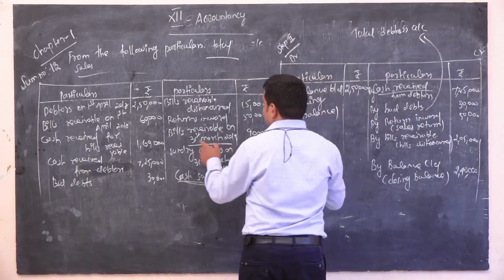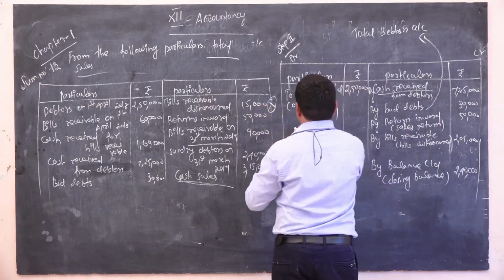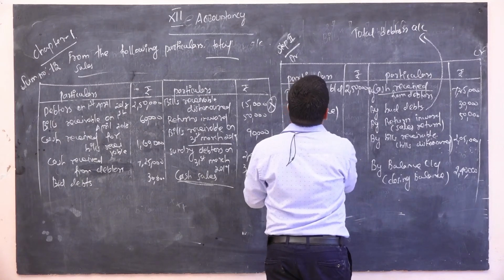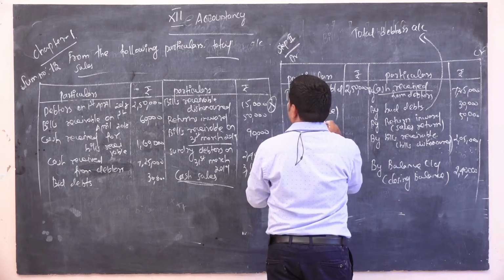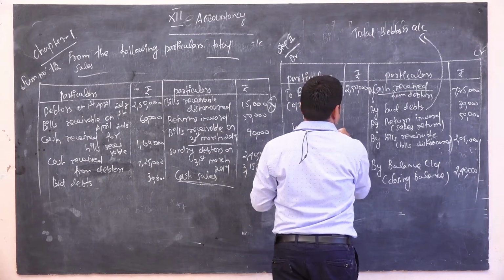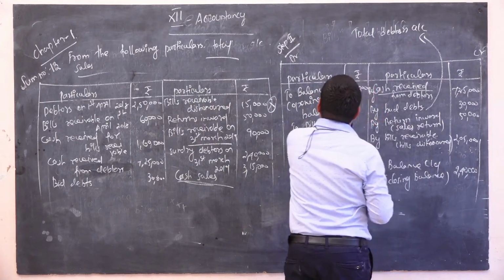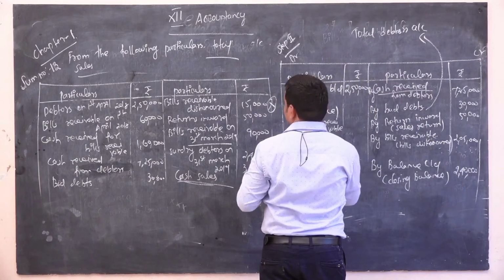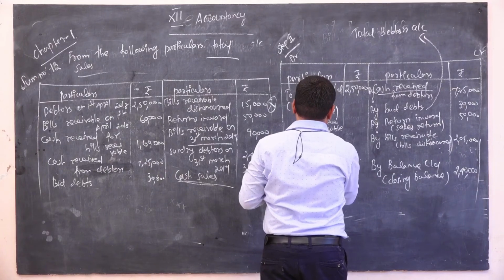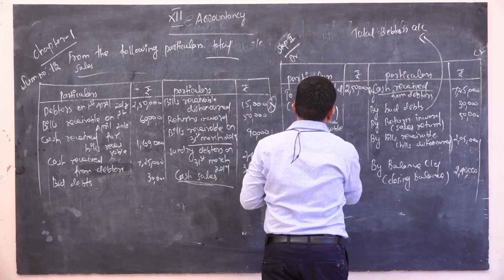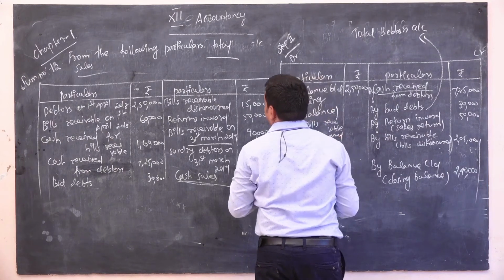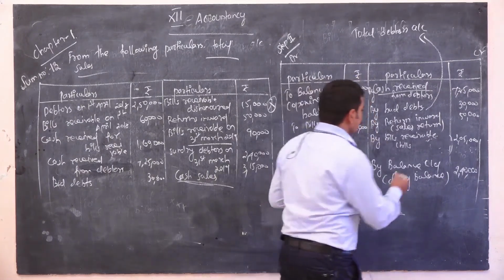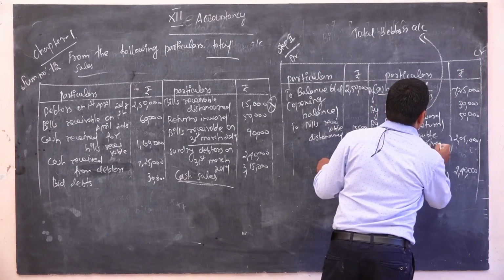Next amount, you have to consider this amount also, because it is one of the expenses, bills receivable dishonored, 15,000.